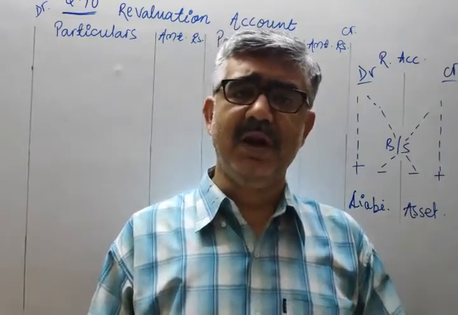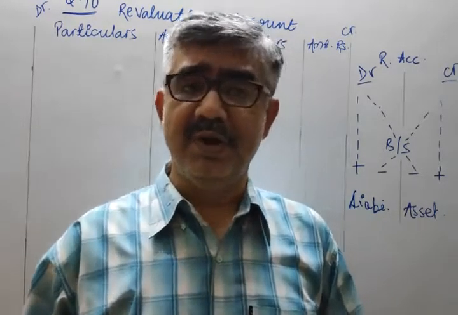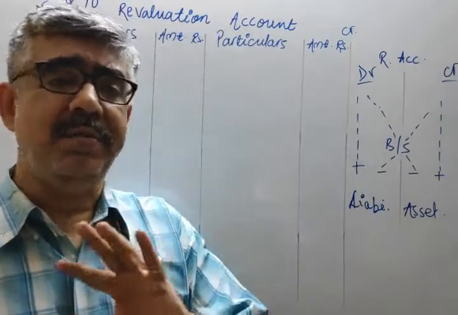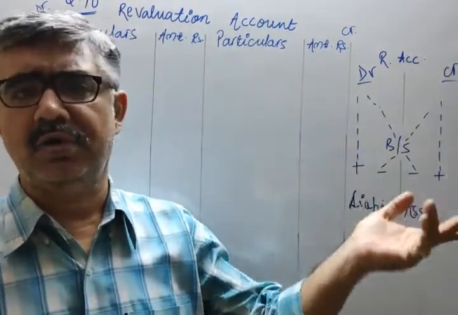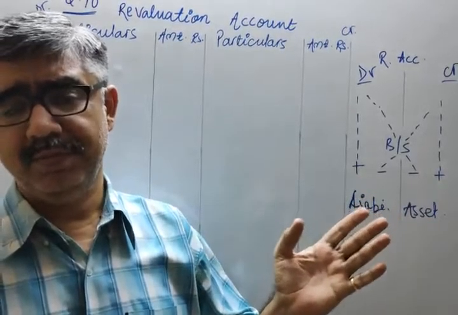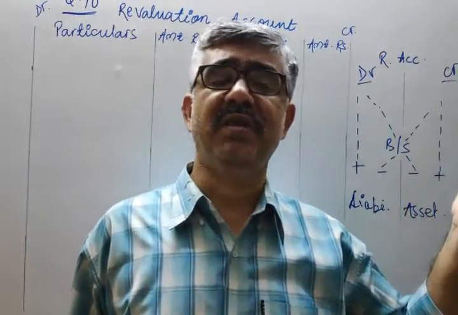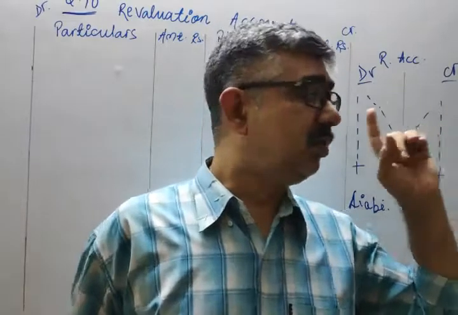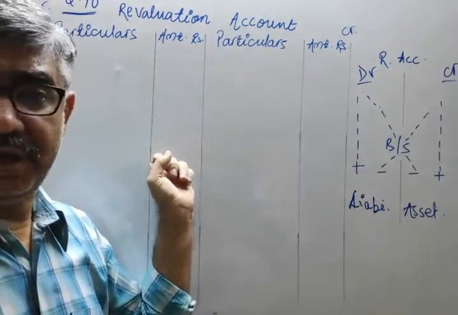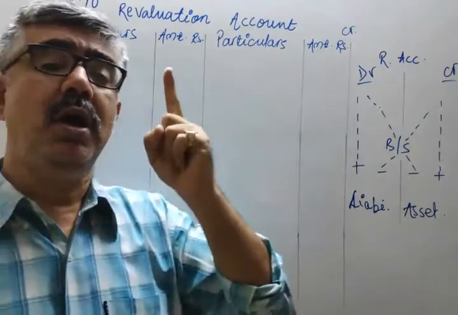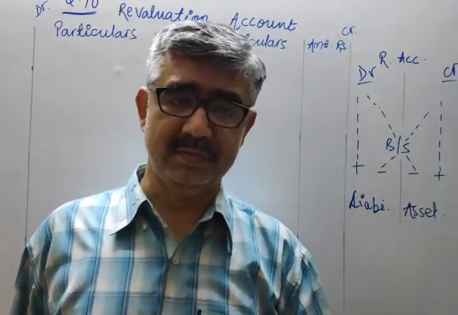If A, B, C are partners, they are going to admit D. Or if retirement is there, then A, B, C are partners and one of them, A, got retired. So that is the only change. Due to that, so many other things happen. But this thing will remain the same. Whatever we are doing now will remain 100% the same in chapter 5 and chapter 6.